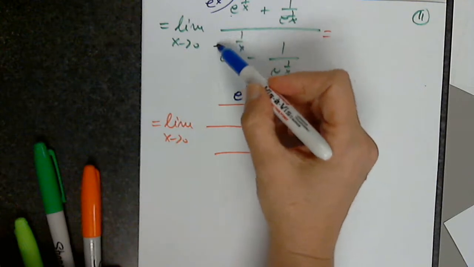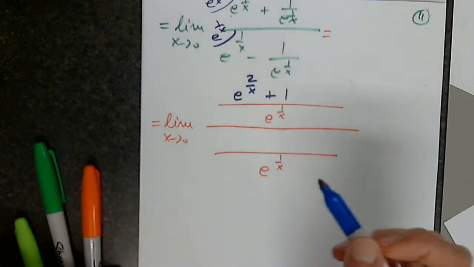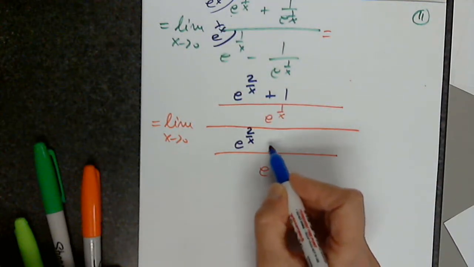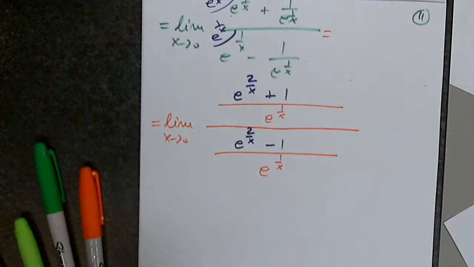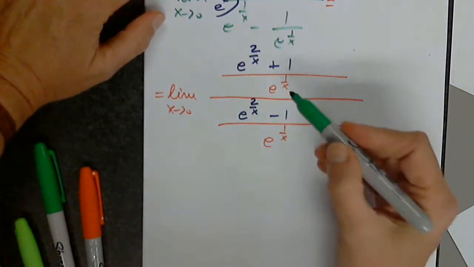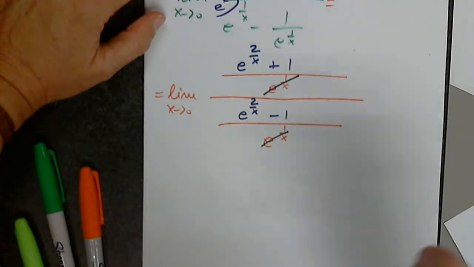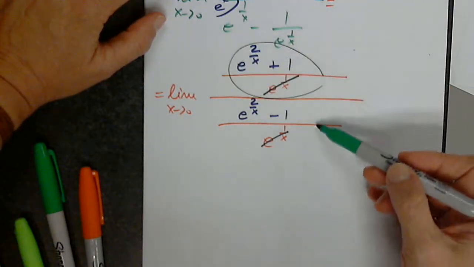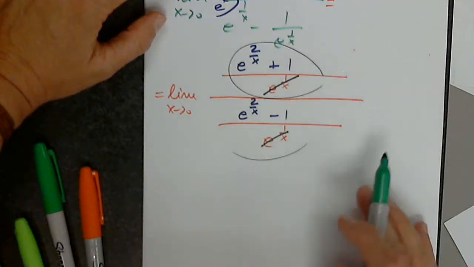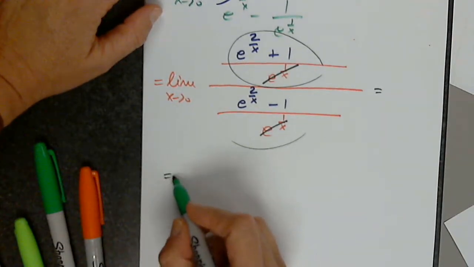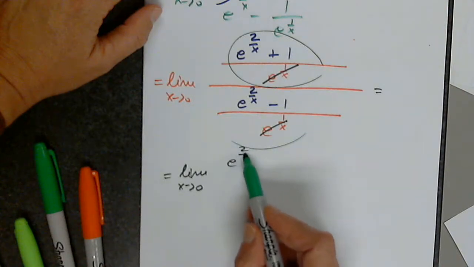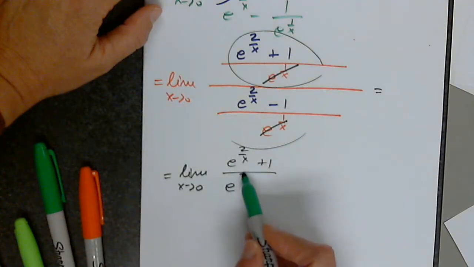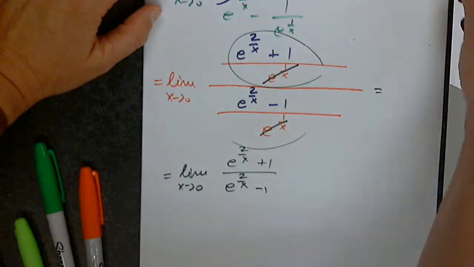Okay, so again the same thing, e to 1 over x. So it's e to 2 over x minus 1. Let's see if I accomplished anything. Maybe, maybe not. I did accomplish one thing, that I will simplify these two because I have to flip. I copy the numerator, I flip the denominator, and these two will go away. So the next step, as x approaches 0, e to 2 over x plus 1 over e to 2 over x minus 1.